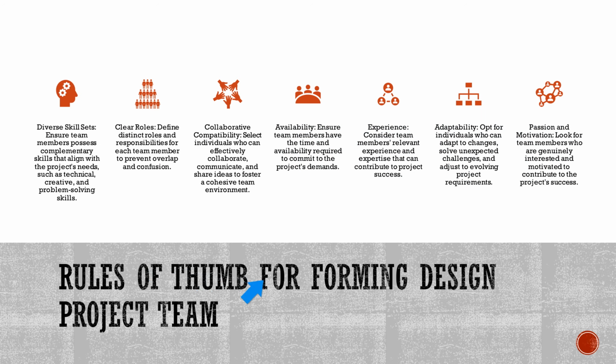The rules of thumb for forming a design project team are shown here. The first is that the design team should have diverse skill sets, to ensure team members possess complementary skills that align with the project needs, such as technical creativity, problem-solving skills, and the ability to use SolidWorks.